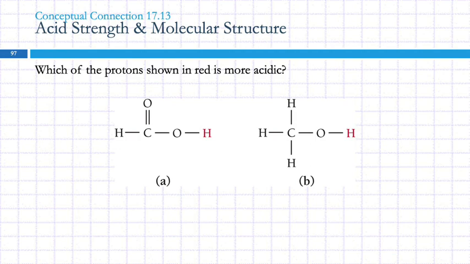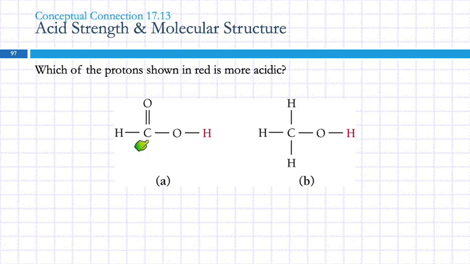So we can have questions like this. Which of the protons shown in red is more acidic? More acidic means more likely to be lost, which means the bond that hydrogen has is weaker. So between these two, we're looking to see this oxygen-hydrogen bond, which is going to be weaker.